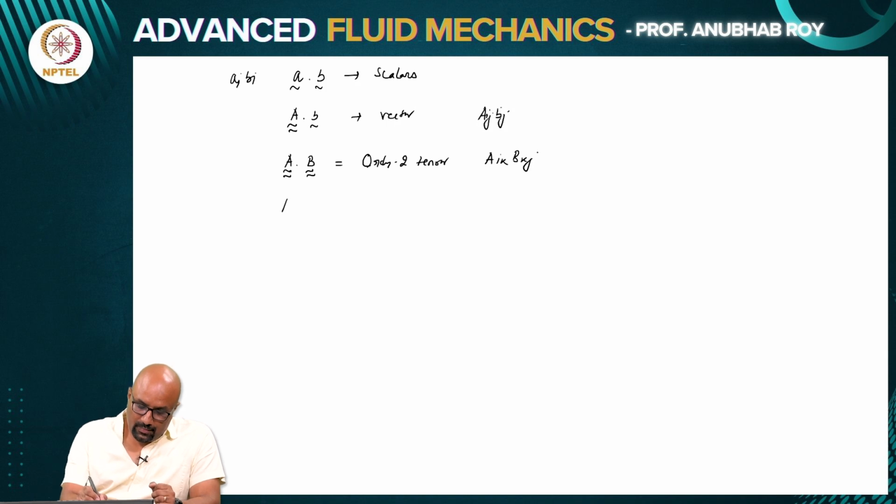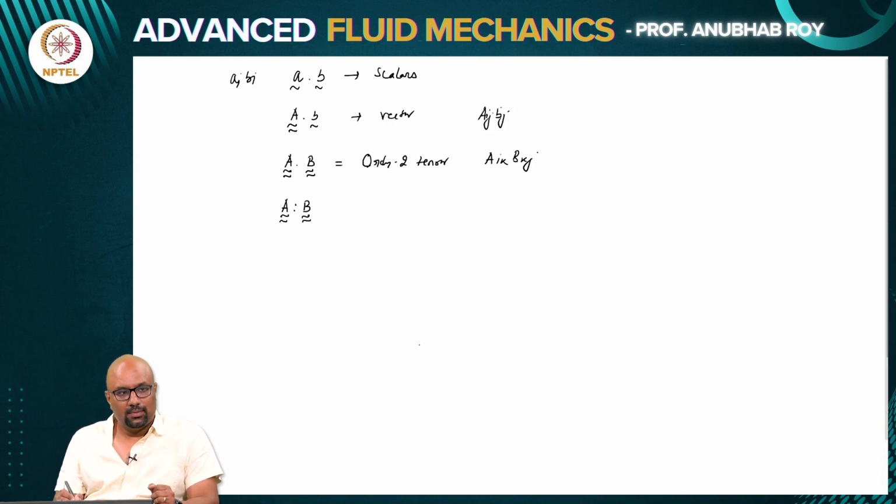Now, A double dotted with B is a new thing. This is not your standard matrix multiplication. Whenever you are dotting, what you do is, if you look at it, you had an object of order 1, another object of order 2. So, you brought about two objects which together between them have two orders.